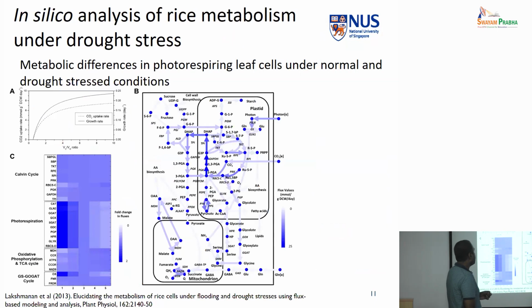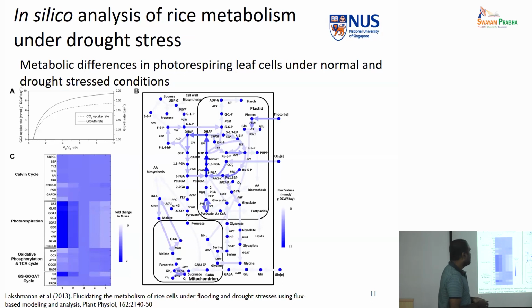Then moving on, I also mentioned that we established a leaf model, right? So we wanted to also evaluate what's going on in the leaf when there is an increase in drought stress. This shows the carboxylation to oxidation ratio of Rubisco, which I feel most of you would be familiar with: Rubisco will not be able to take all the carbon dioxide on its own. It will also take oxygen.